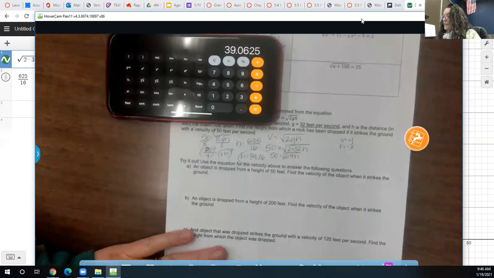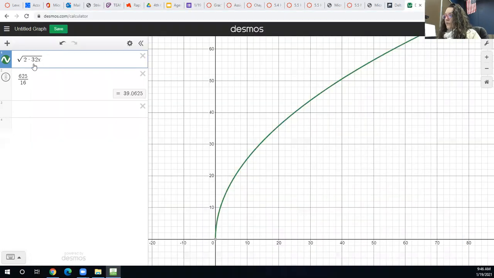Now I'm going to check this on my graph here. And look here, I've plugged in my function already, my radical function. So this is the function of an object being dropped, right? And I want to know what the height is. So my y value is actually going to be 50 because that was my velocity. And I want to know what my x value is.